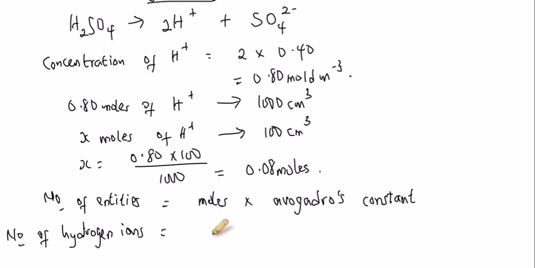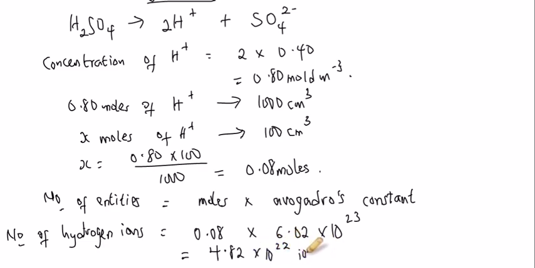So now that will be equal to the number of moles of hydrogen ions, that's 0.08, multiplied by the Avogadro's constant as given in the question, that's 6.02 multiplied by 10²³. So calculating this, we have 4.82 times 10²², and our unit here will be ions.